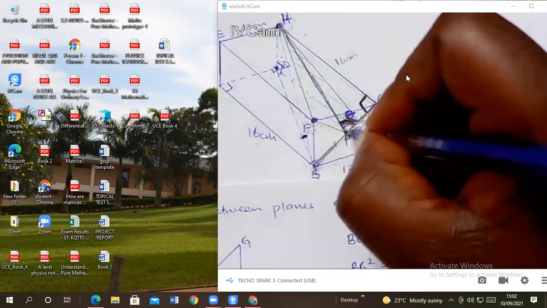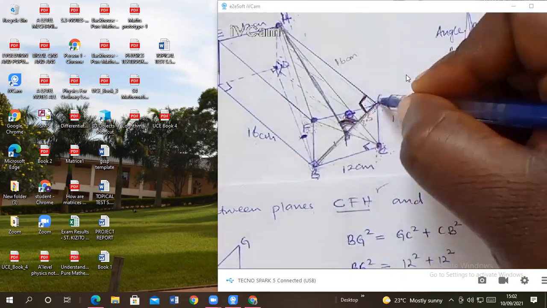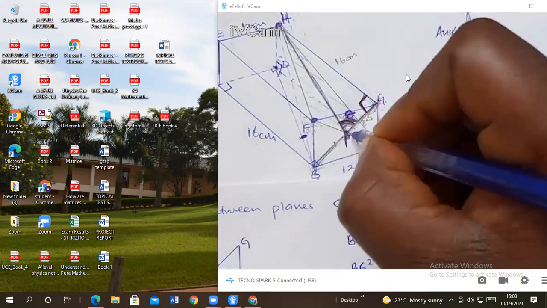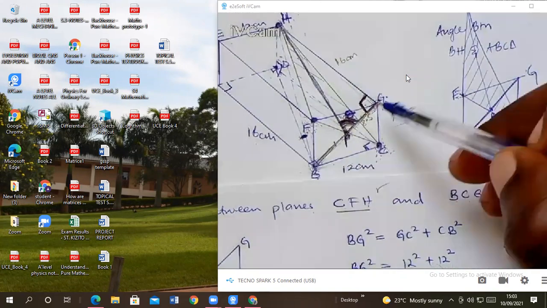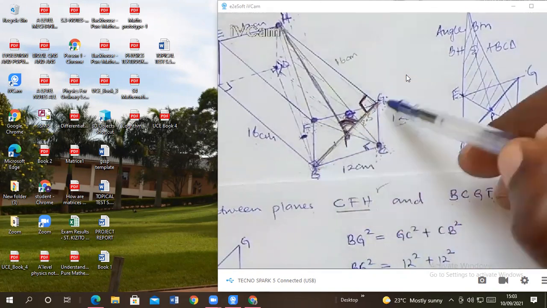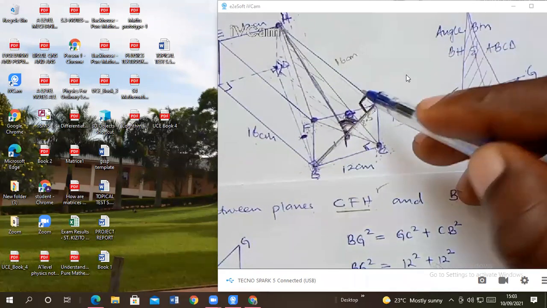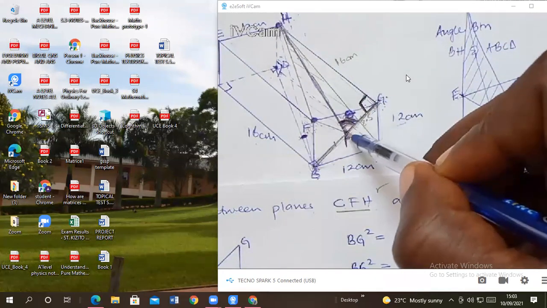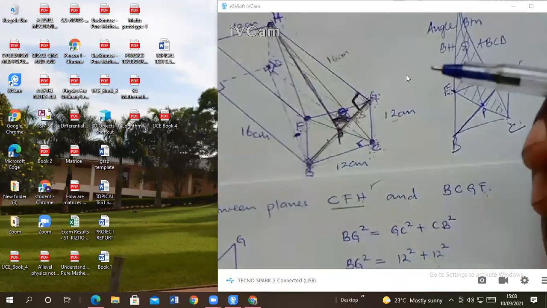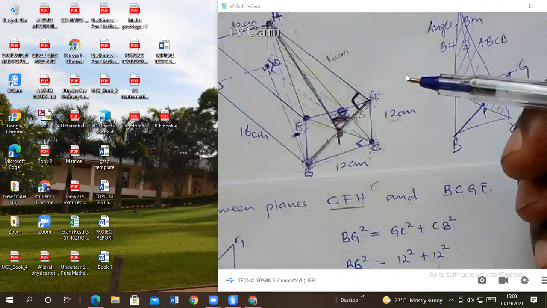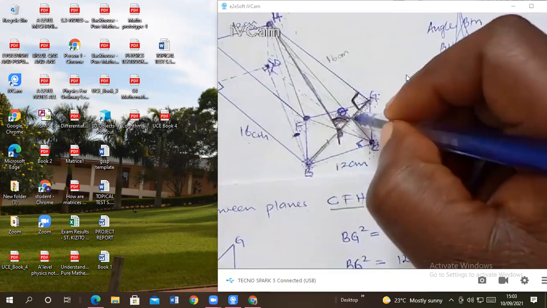by using now PG. Do you know that P is at the middle point of BG? So you have to get PG by dividing BG by 2. And you get 8.5.